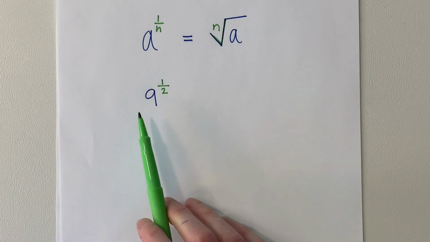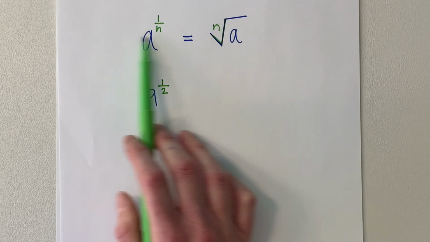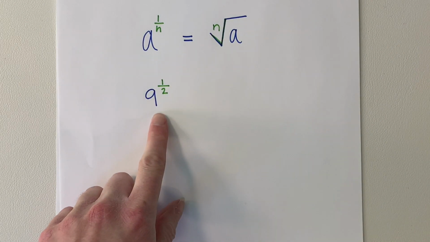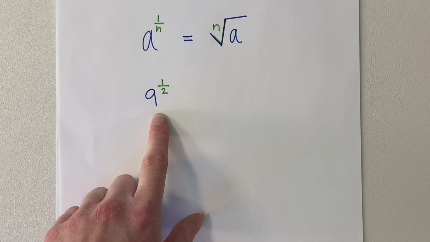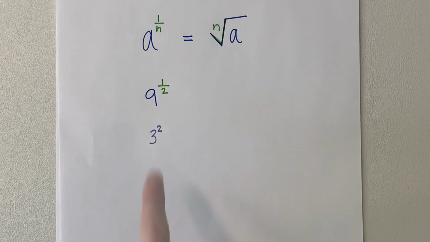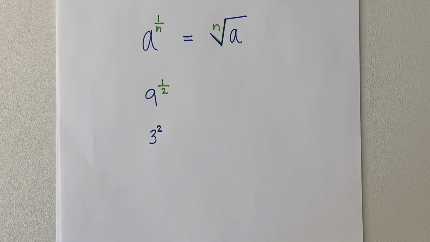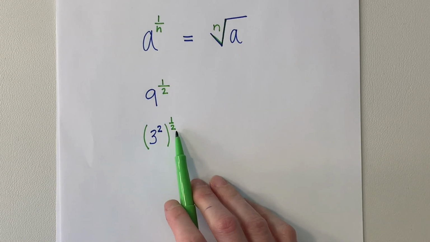So let's suppose we came across this problem, 9 to the 1/2, and we'll pretend we didn't yet know this rule. How could we figure out what this is equal to? Well, often in math, if you're trying to solve a problem, it can be helpful to rewrite that problem in a different way. 9 can be rewritten as 3 squared. So instead of writing 9 to the 1/2, we can rewrite that problem as 3 squared to the 1/2.